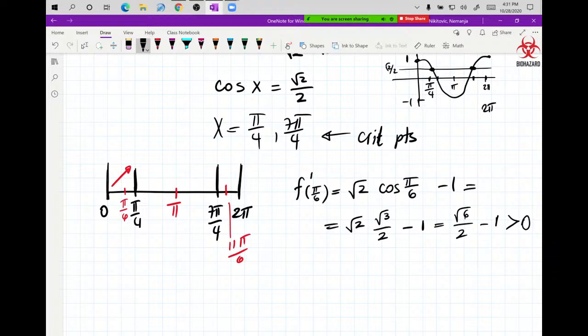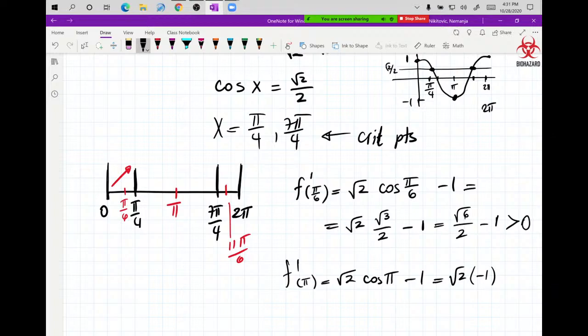Now we do our easy calculation, f prime of pi, which would be root 2 cosine pi minus 1. All right, so now root 2 cosine pi, that's root 2 times, and cosine of pi is negative 1. You can see that on a graph all the way on top, right? There, cosine of pi is negative 1.